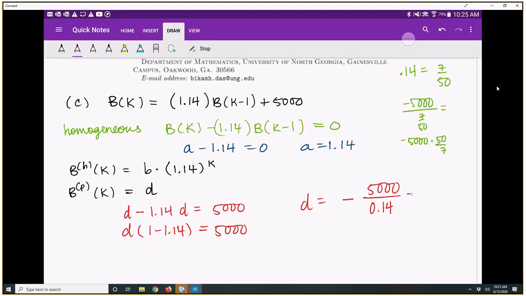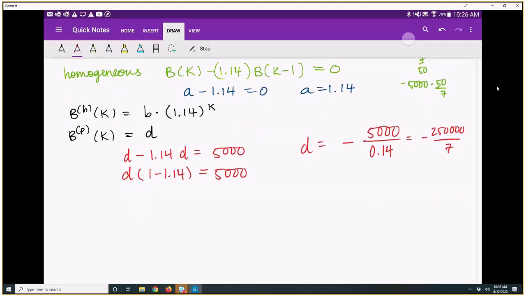So this is equal to minus 250,000 over 7. But if you prefer to just leave it in this form, that's fine. So I'm working with this as my constant d. Then I'm saying the solution to my recurrence relation should be some constant b times 1.14 to the power k minus 250,000 over 7.